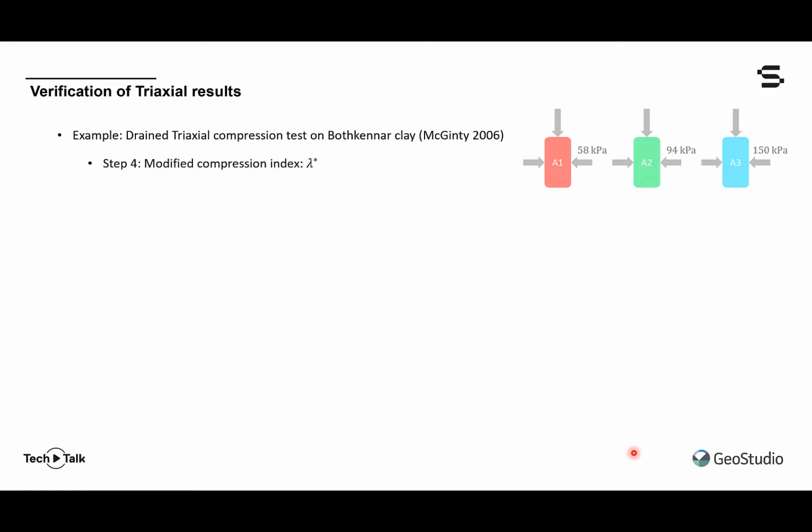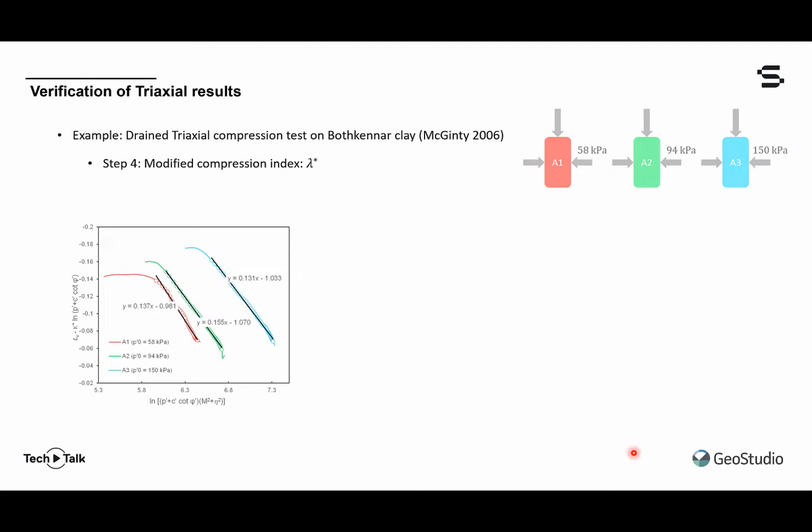The modified compression index, lambda star, is calculated in the fourth step. In the proposed coordinate space, the triaxial compression branch in each of the three curves is projected to a straight line. The average slope of these lines, which represents the difference between the compression and swelling indices, is about 0.141.